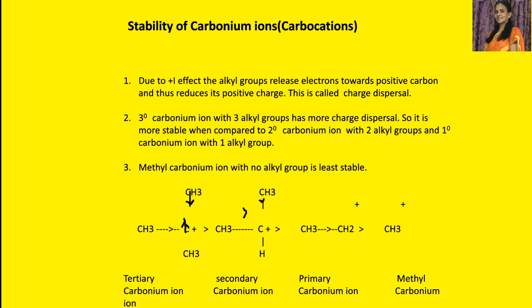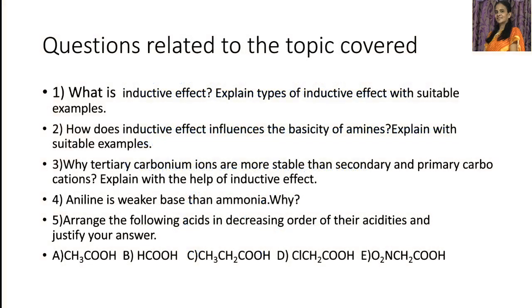The methyl carbonium ion with no alkyl group is the least stable one. So we can explain the stability of carbonium ions based on the alkyl groups. The carbonium ion which has more alkyl groups, or a more plus I effect, is more stable. Therefore, tertiary butyl carbonium ion is more stable when compared to isopropyl carbonium ion, which is more stable when compared to ethyl carbonium ion, which is more stable when compared to methyl carbonium ion.